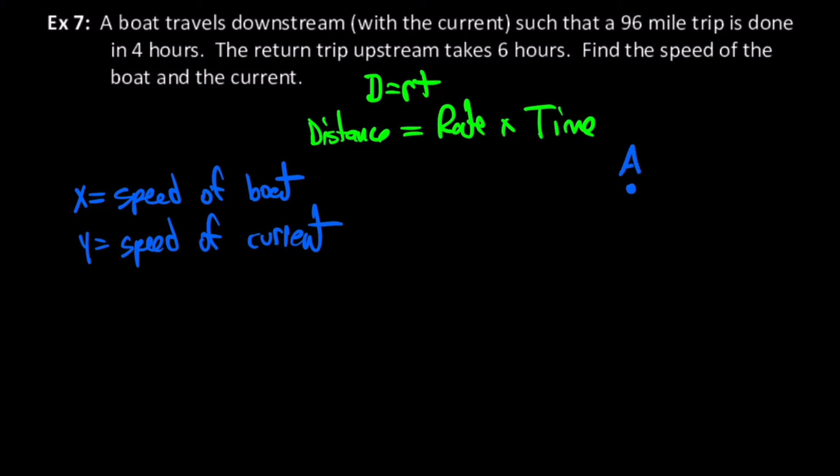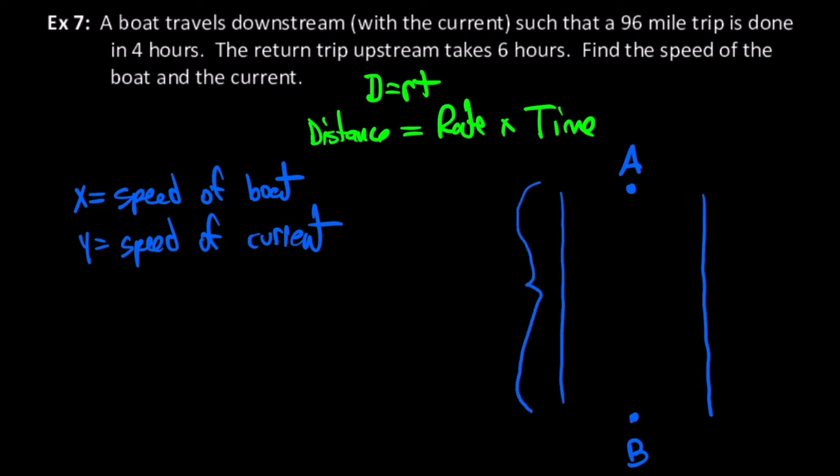Here's point A, and then here's point B downstream. Okay, so we're in the stream. I know the distance from point A to point B is constant. Okay, 96-mile trip. So that's 96.